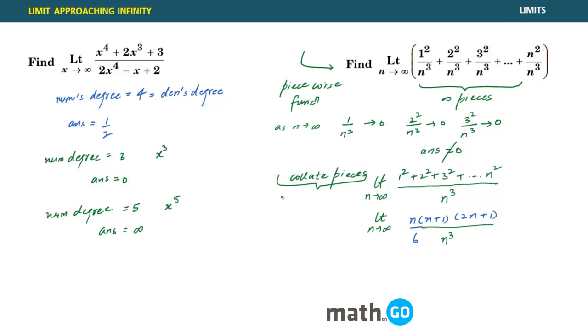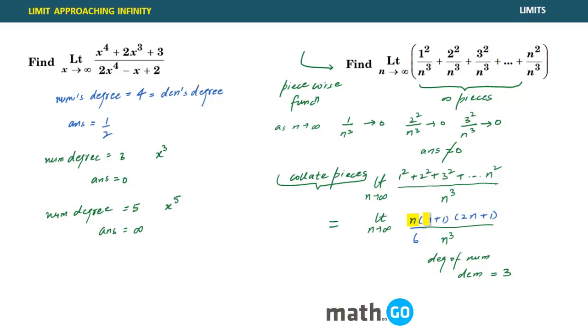Now this problem reduces to an algebra by algebra problem. What is the degree of numerator and denominator? The denominator has degree 3, the numerator's degree is also 3, right? Because there are 3 factors of n, the highest power of n will be 3.